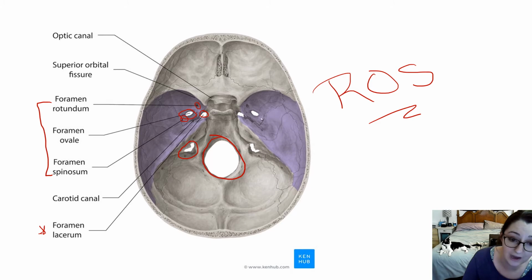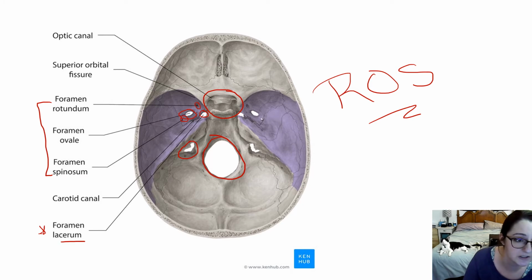Ross, our cowboy, is going to sit in his saddle, the Turkish saddle, the sella turcica. And every good cowboy is going to have a lasso, or the foramen lacerum. That might be the dumbest thing you've ever heard in your life, but guaranteed you're probably going to remember that.